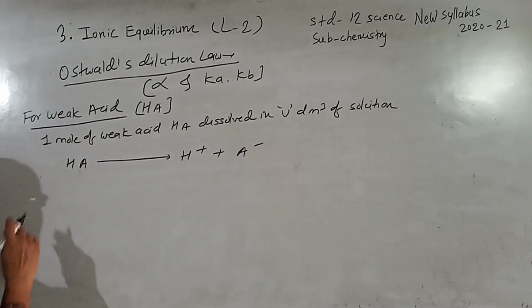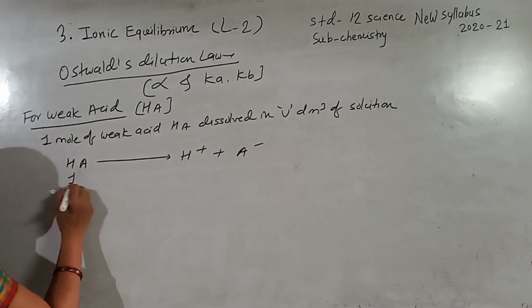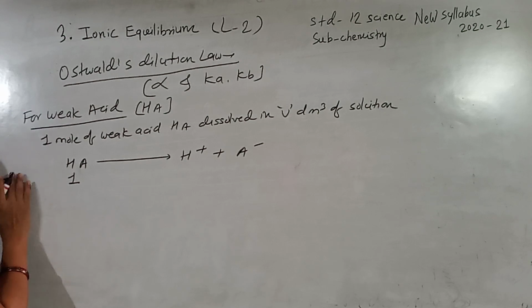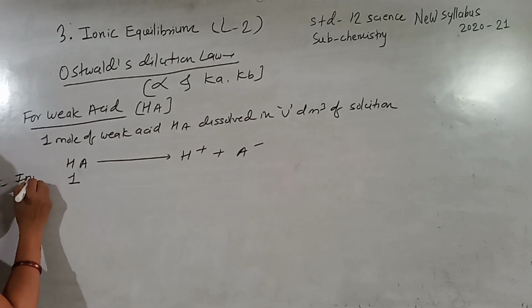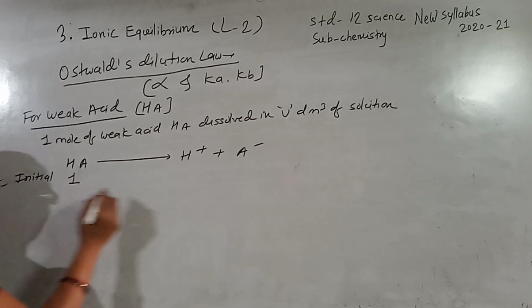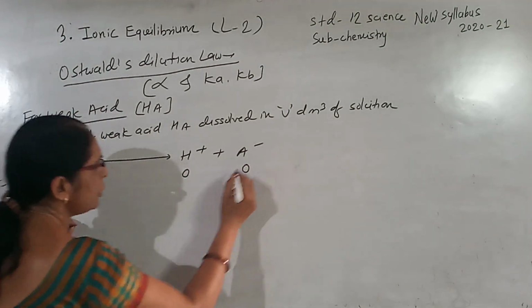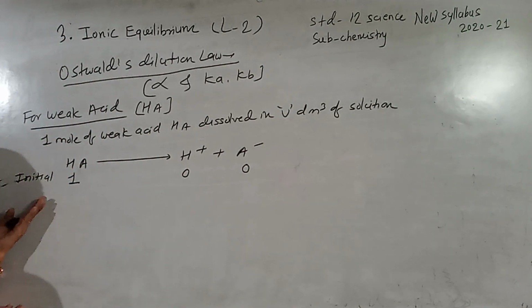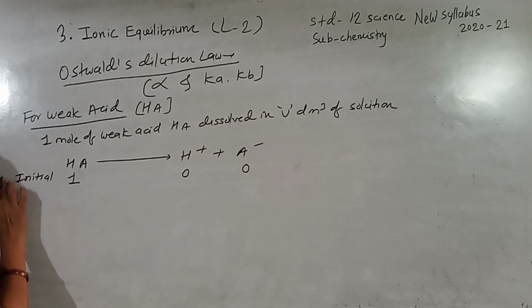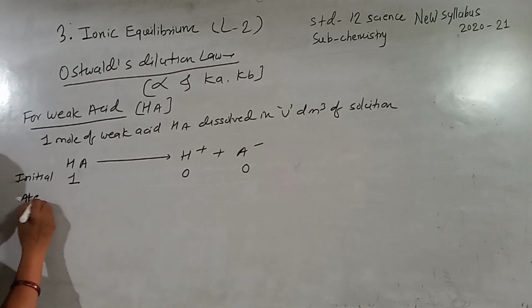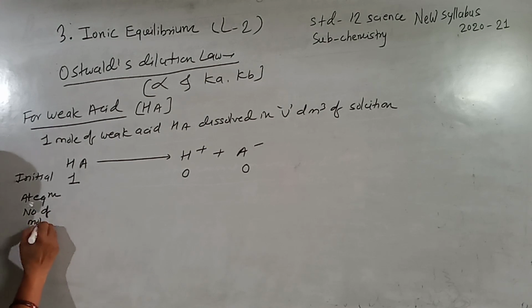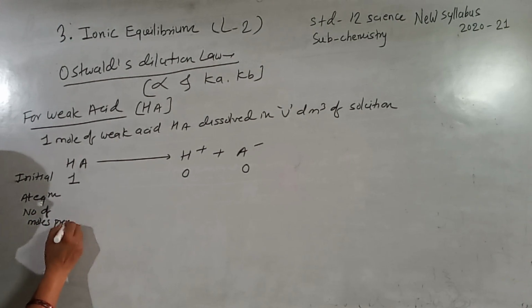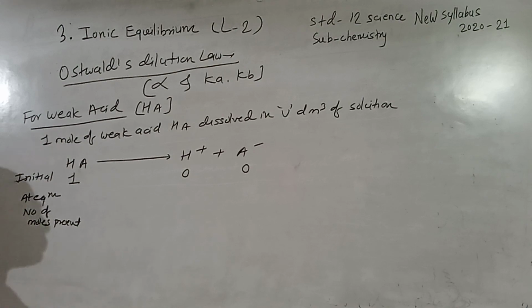As we are considering 1 mole of the weak acid, initially there is no dissociation, so the number of moles of the products is 0 because only the reactant is present. But when equilibrium is attained, we look at the number of moles present at equilibrium.